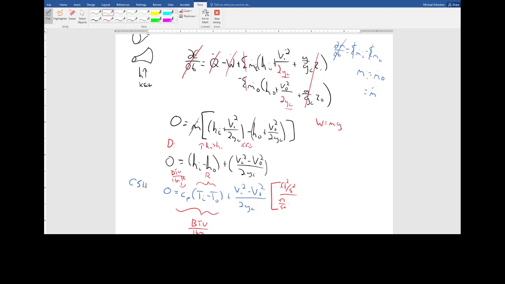But here, they made it so that 1 pound force is equal to 1 pound mass times g, which is 32.2 feet per second squared.